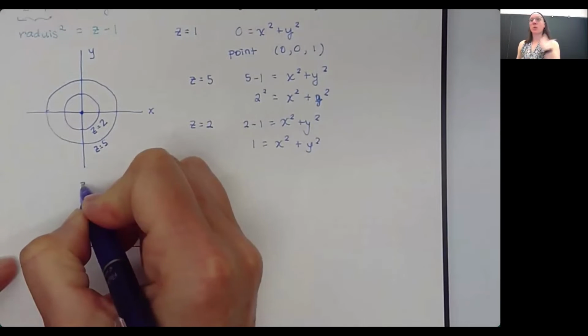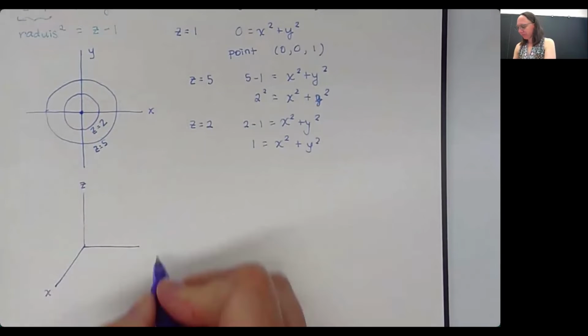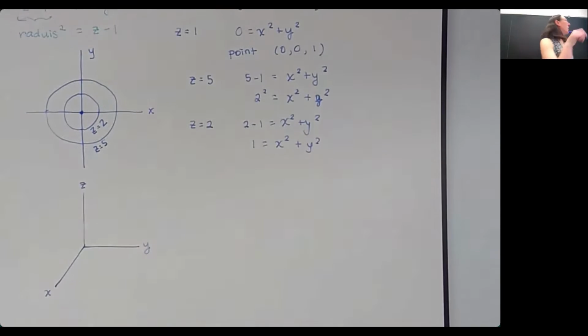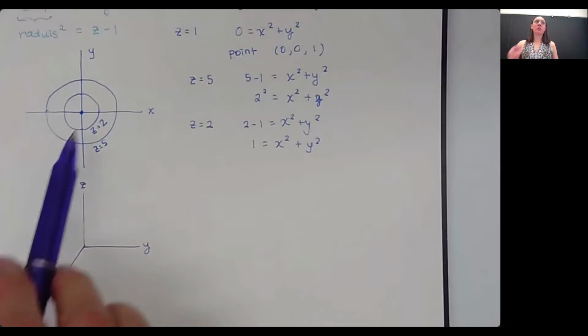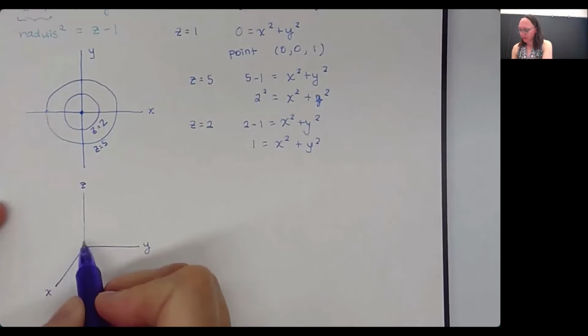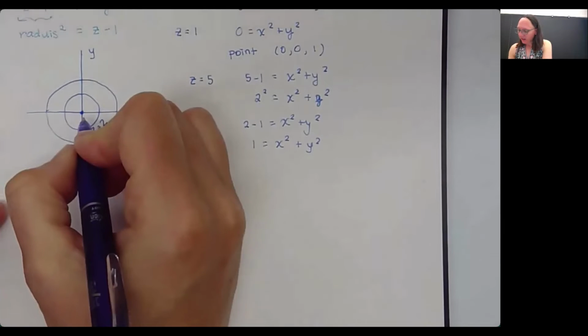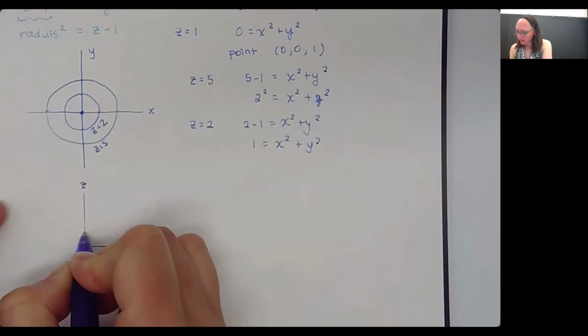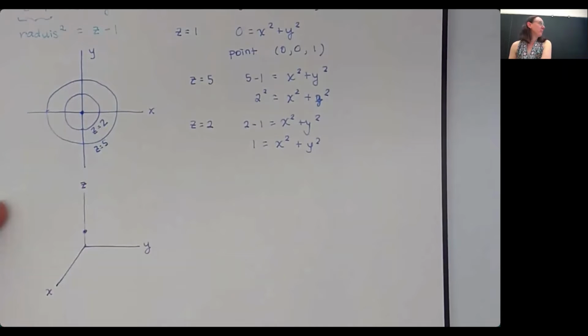The z-axis we think of as our height. And so this is the orientation we tend to use for calculus. It's our standard orientation for a 3-dimensional picture. So if I take these level curves and stack them onto this graph, at a height of 1 we just had that point.